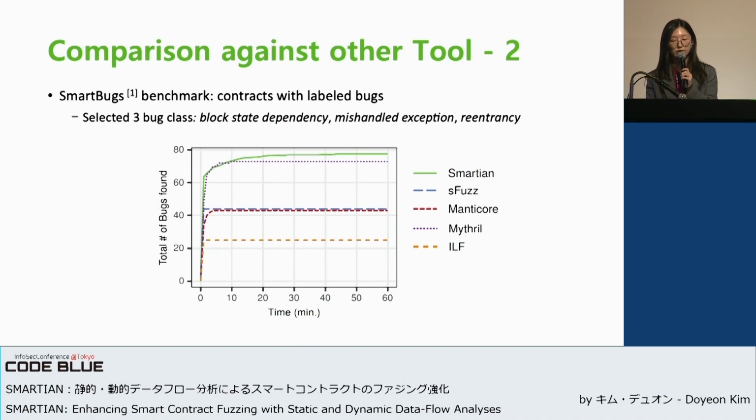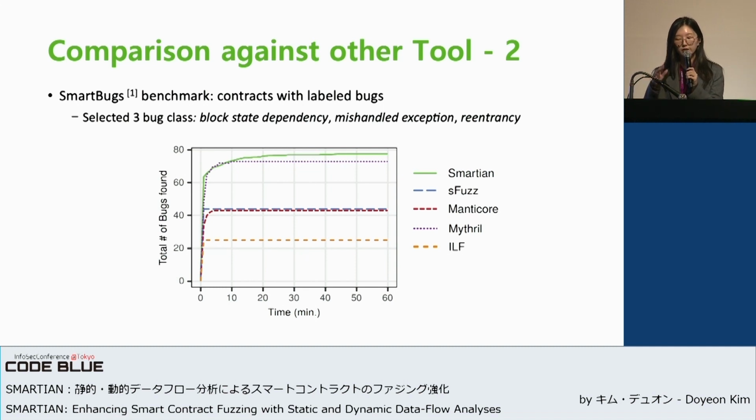So we constructed the second data set by extracting contracts from SmartBugs, which is a benchmark with labeled bugs. There are various classes of bugs in the labels, and we collected contracts that have these 3 bug classes because these bugs are supported by all the tools we tested.